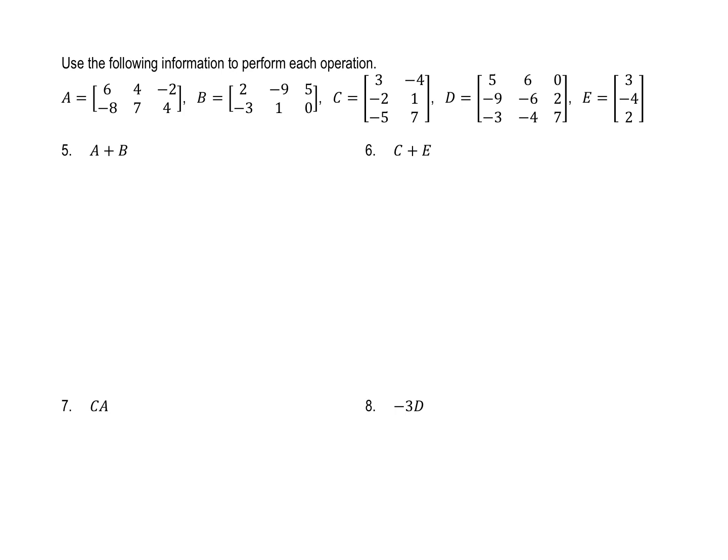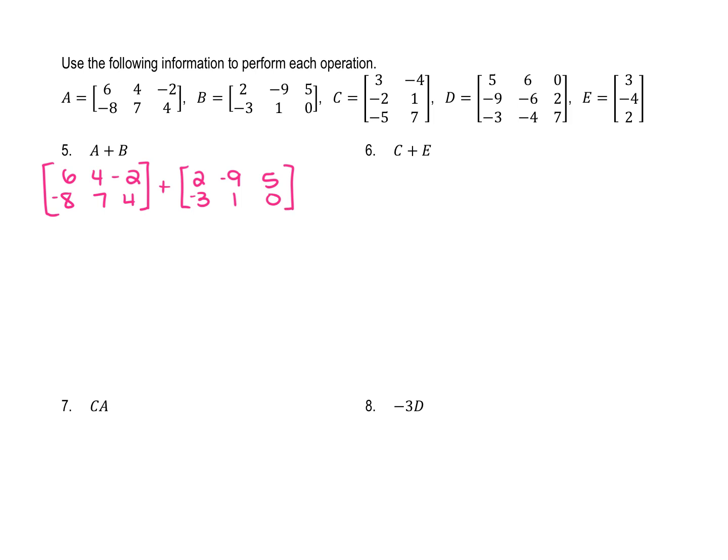So your first, you have row 1 as 6, 4, negative 2. Row 2 as negative 8, 7, 4. Your second, B, you have row 1 being 2, negative 9, 5, and negative 3, 1, and 0 as row 2.